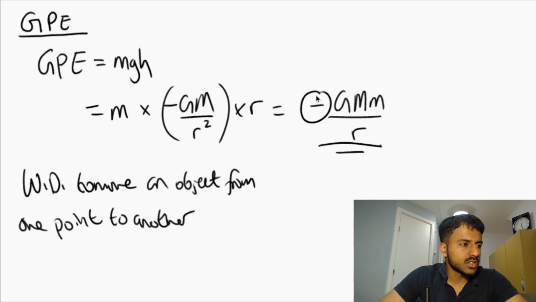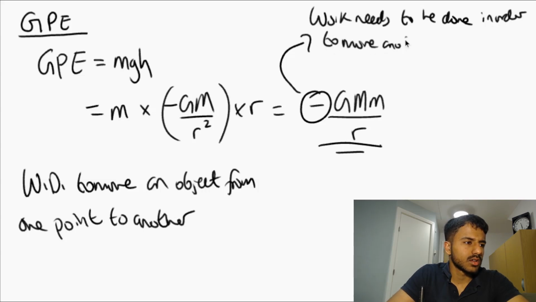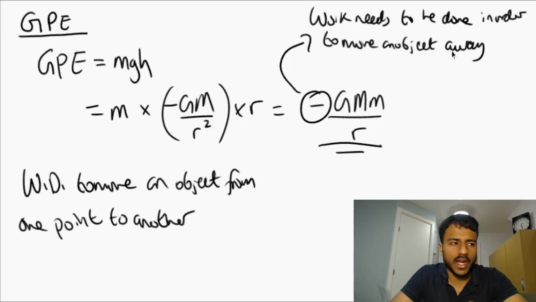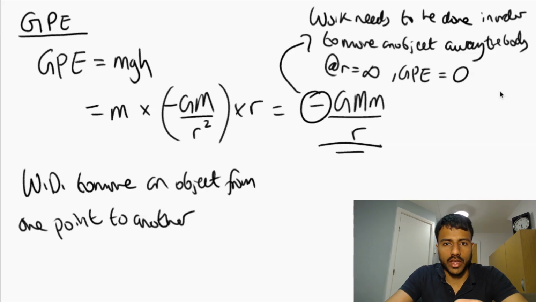And again, the reason for this negative sign here is because work needs to be done in order to move an object away from the Earth or the planet or the body we're talking about. And at r is equal to infinity, so at an infinite distance away from our planet, we are saying that the gravitational potential energy is zero. And that is because at that point there will be no gravitational force acting on an object.